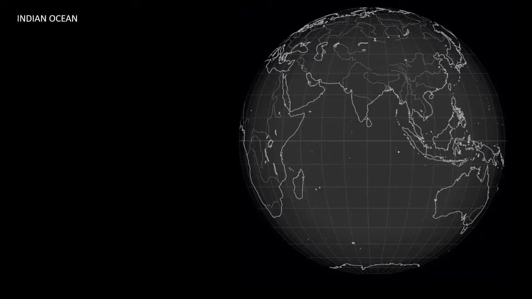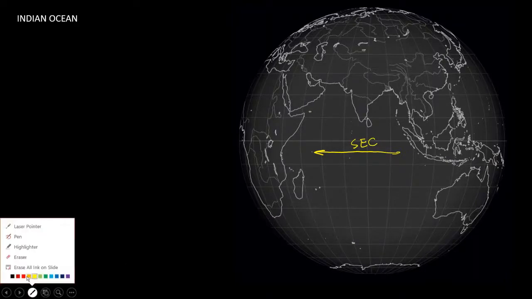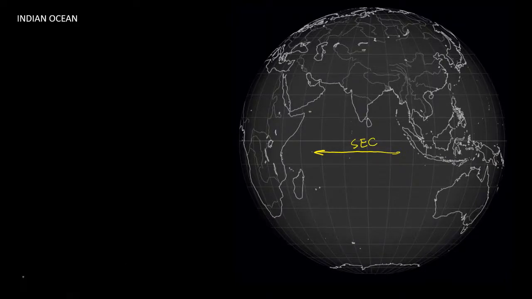So, the current that flows along the equator is called the South Equatorial Current. The South Equatorial Current transports warm water towards the western side of the Indian Ocean. This water piles up over here. It makes a pool over here. It has stopped.